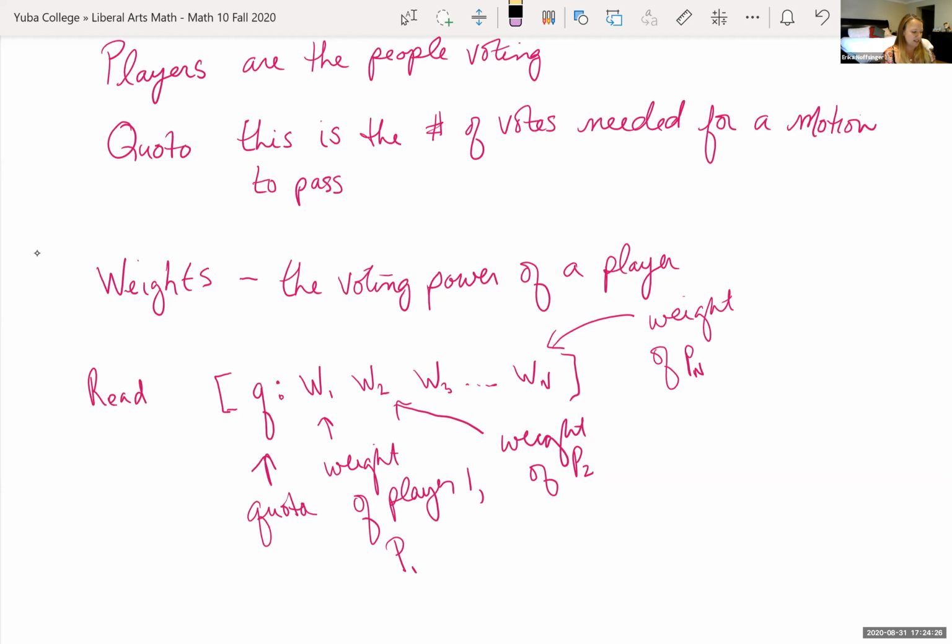So let's denote capital V equals the total number of votes possible.